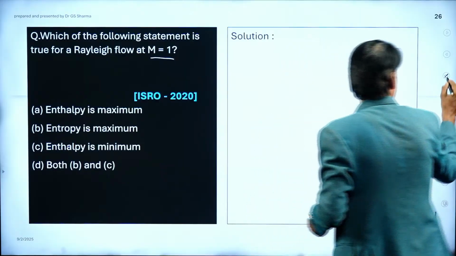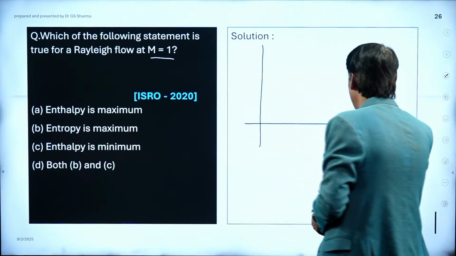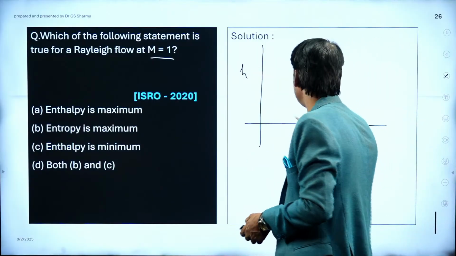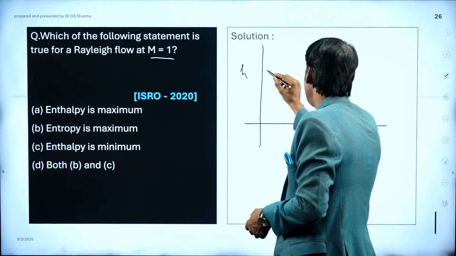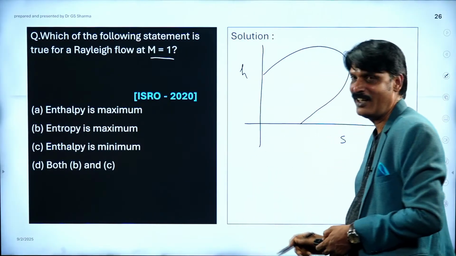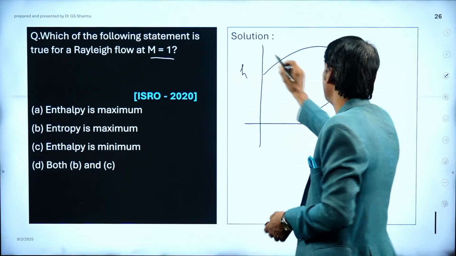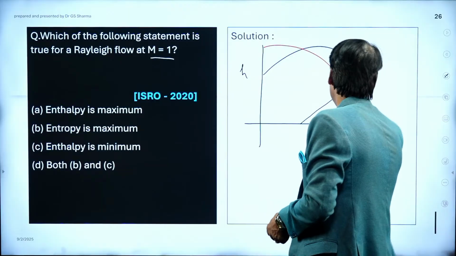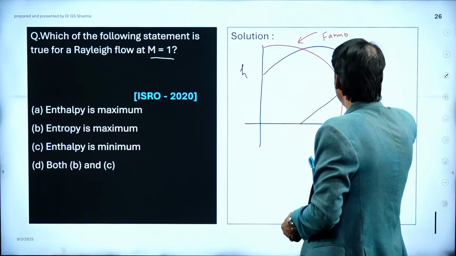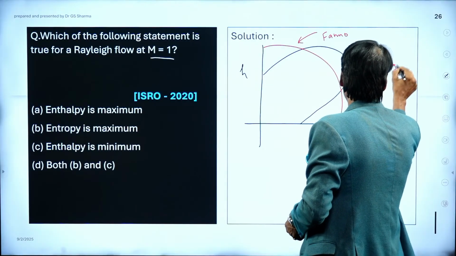So whenever you come for compressible fluid flows, we have enthalpy entropy diagram, and then you have a Rayleigh curve. This is Rayleigh, and basically you have a Fano curve like this. So one flow is Fano and other one is Rayleigh, R-A-Y-L-E-I-G-H, Rayleigh flow.